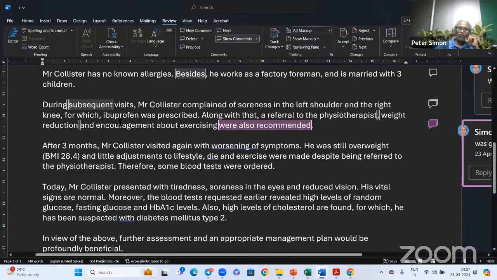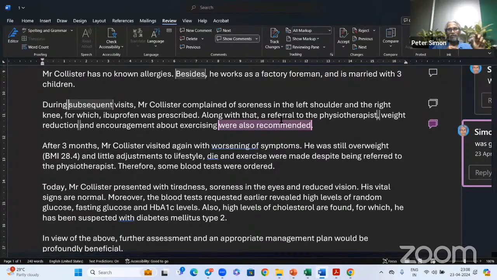It's a good sentence actually, but you lost the quality. From A grade it came to B grade. Actually that's an A grade sentence if you have written like that without mistakes. So a referral was provided or given. Encouragement was given. Okay, he was encouraged. Exercises were encouraged. That's it. Simple, right?